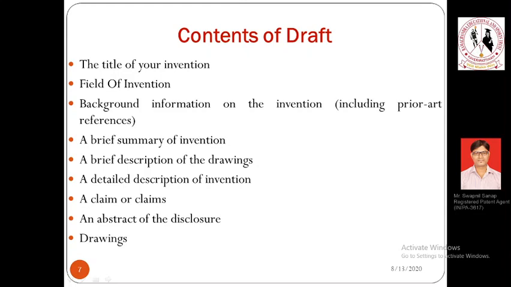The abstract is the part which provides a specific gist of the invention in limited words. For example, according to the patent office, there is a requirement of only 150 words to explain the abstract and the gist of the invention.